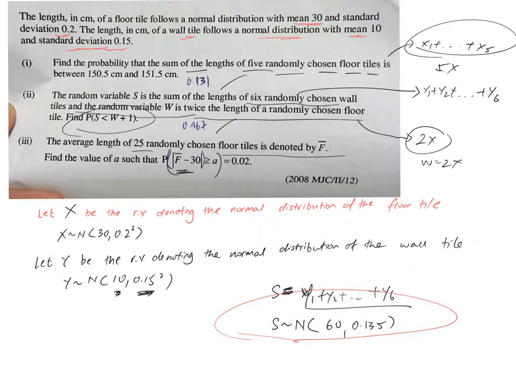Floor tiles, right? So F bar, X follows normal distribution with mean 30 and variance 0.2 squared. Earlier on, the probability that F bar minus 30 is greater than or equal to a is 0.02.